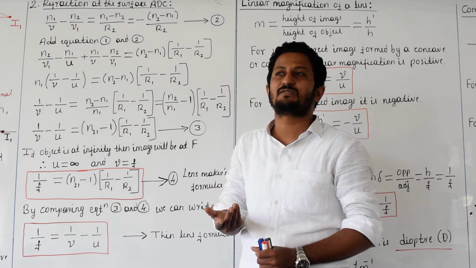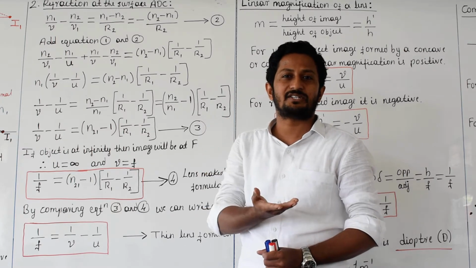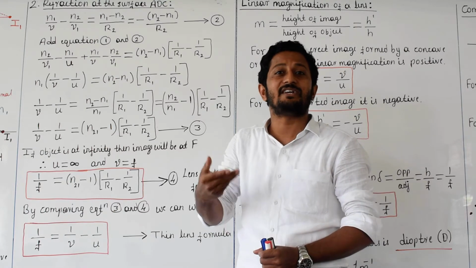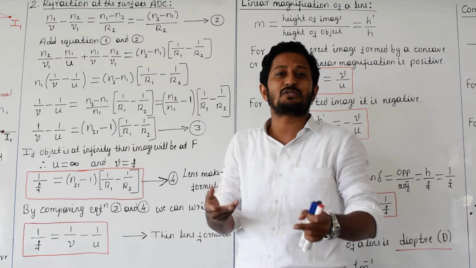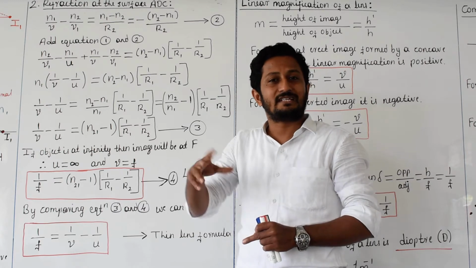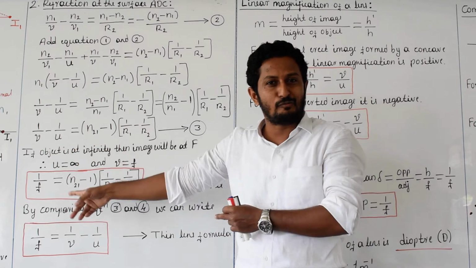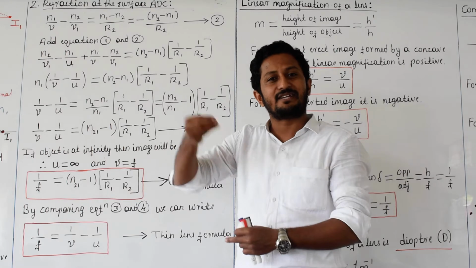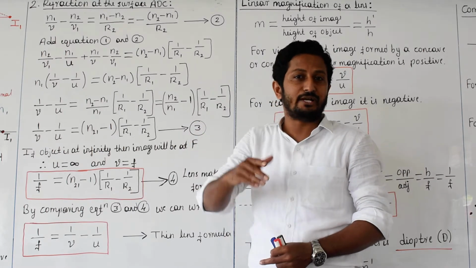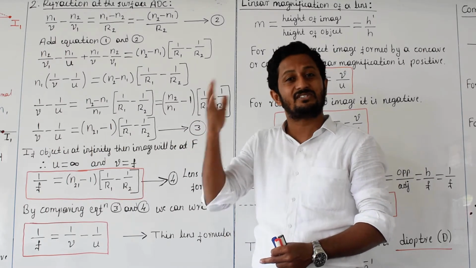Sign conventions means: are the object distance, image distance and radius of curvature positive or negative? That is how we have to think. But the formula I have written already includes the sign convention.